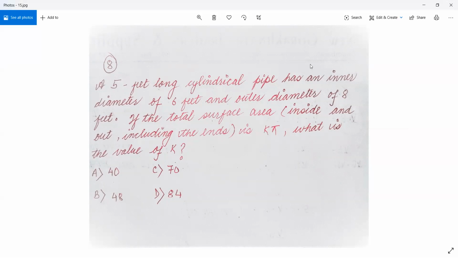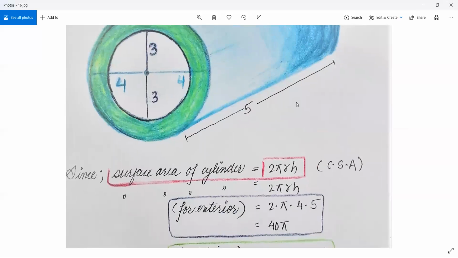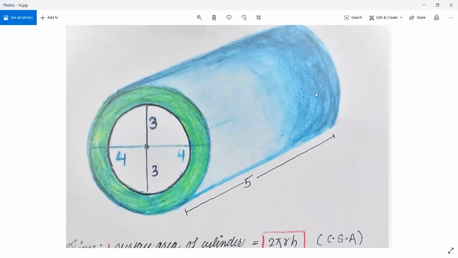Looking at the question, you may not be clear, so I have drawn a figure here that can give you some insight.